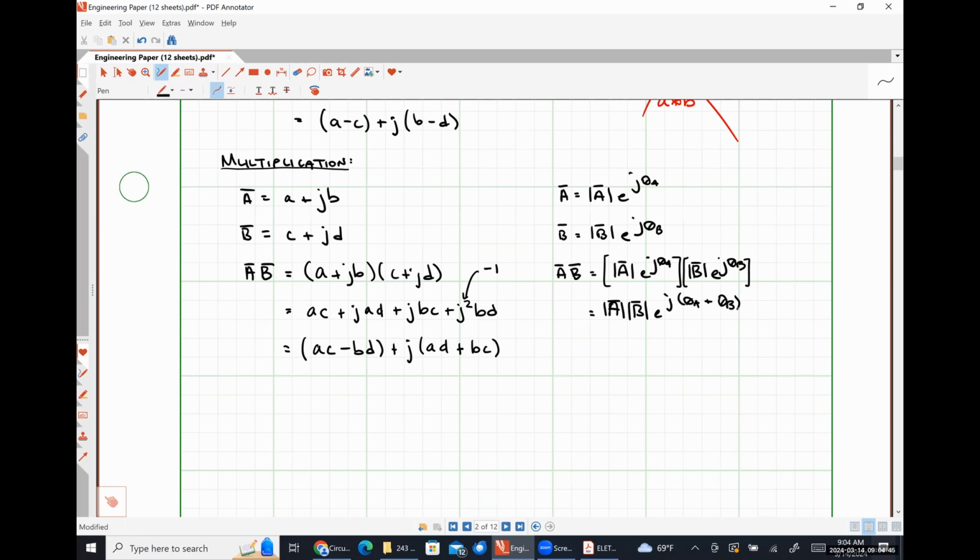Multiplication is easier with exponential and polar form complex numbers than it is with rectangular form complex numbers, right? Just as a heads up, in polar form, this would simplify to the magnitude of A times the magnitude of B with an angle of theta A plus theta B.